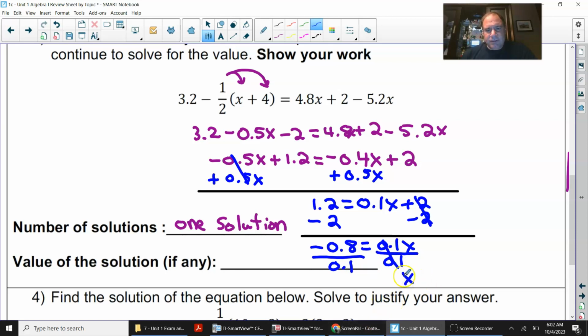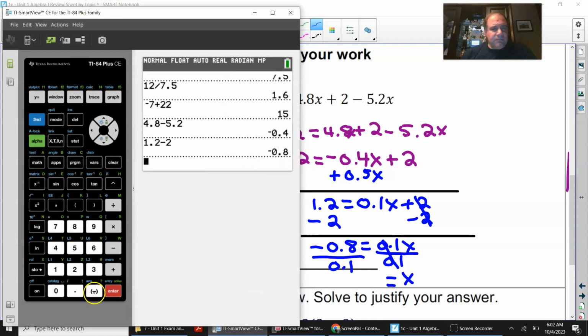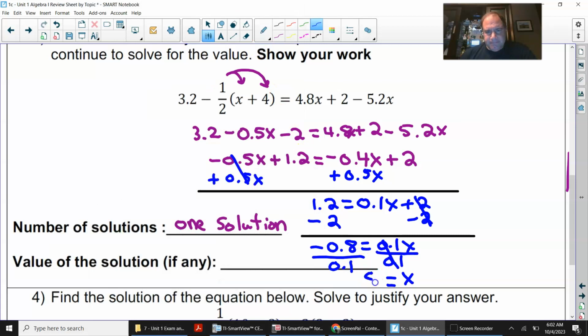X equals, and I'm just going to take the calculator again, and I'm going to go 0.8 divided by 0.1. And that is 8. So that's my one solution.